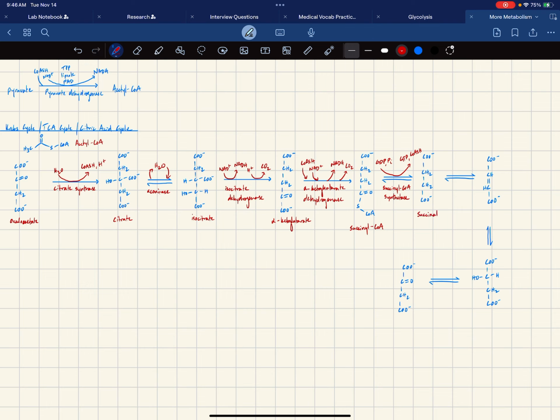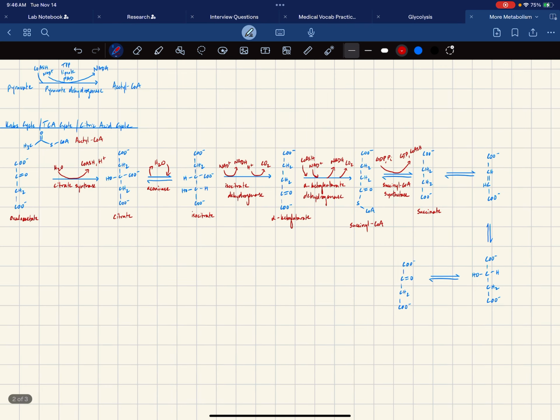One of the important things to recognize about succinate is that this is a symmetrical molecule, and that's important for when you're carbon tracking. I'll show you an example of that pretty soon. So succinate gets run through succinate dehydrogenase.